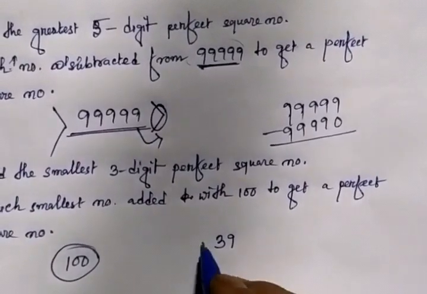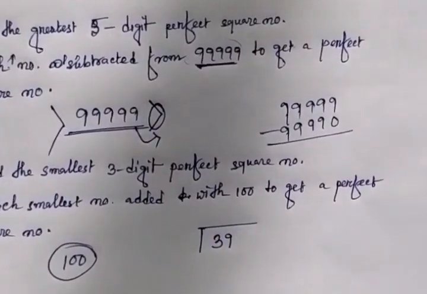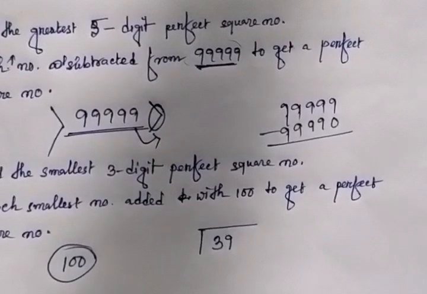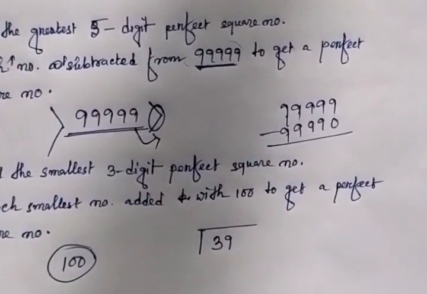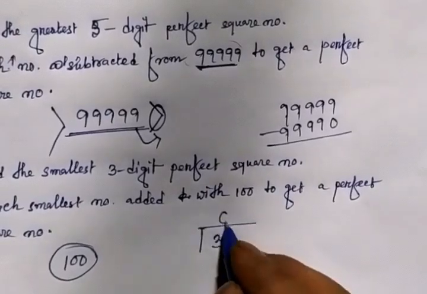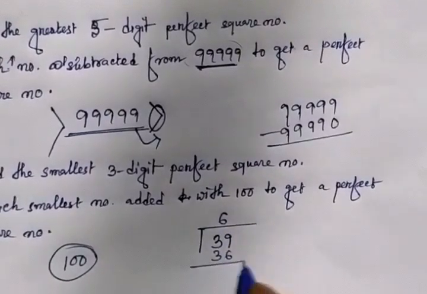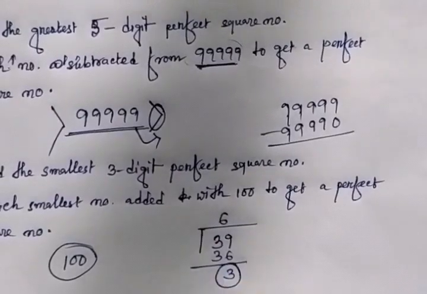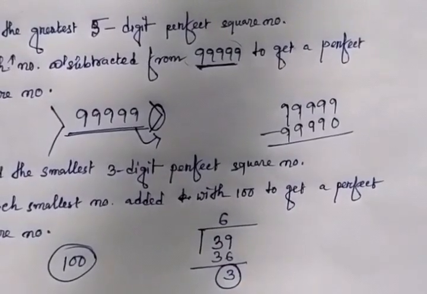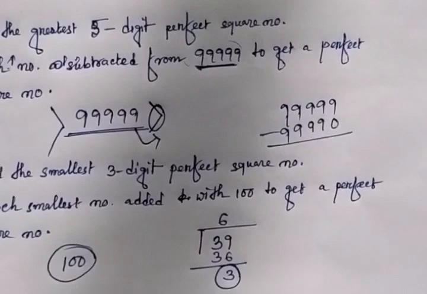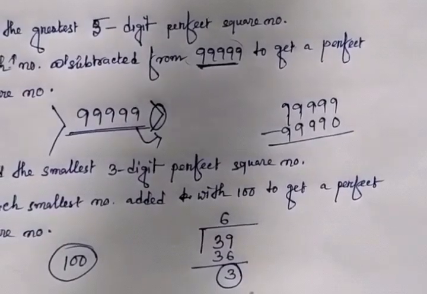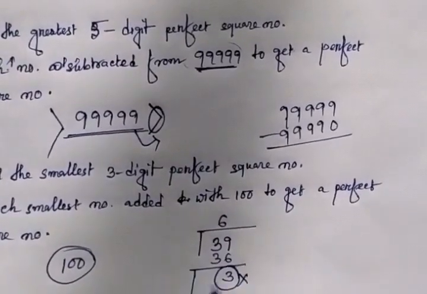So first we find the square root, using the division method. 6 squared is 36, so 3 is left over. Which number subtracted from 39 gives a perfect square number? Here 3 is there.